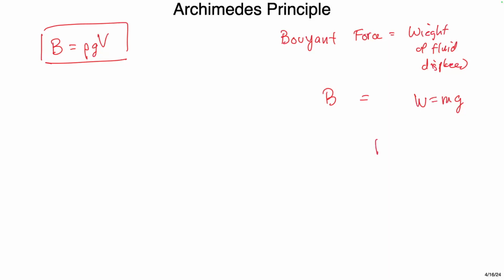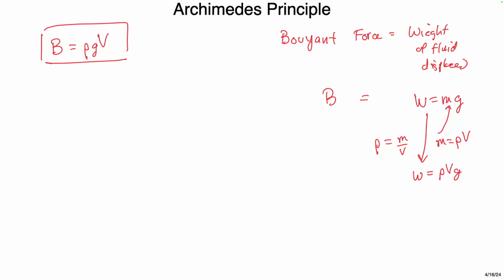But we do know that the density is equal to the mass divided by the volume. So what is the mass of something going to be in terms of its volume? It's going to be its density times its volume. So if we substitute in for that mass, then our weight becomes rho, the density, times V, the volume, times g. And then we just do a little bit of rearrangement for rho g V.